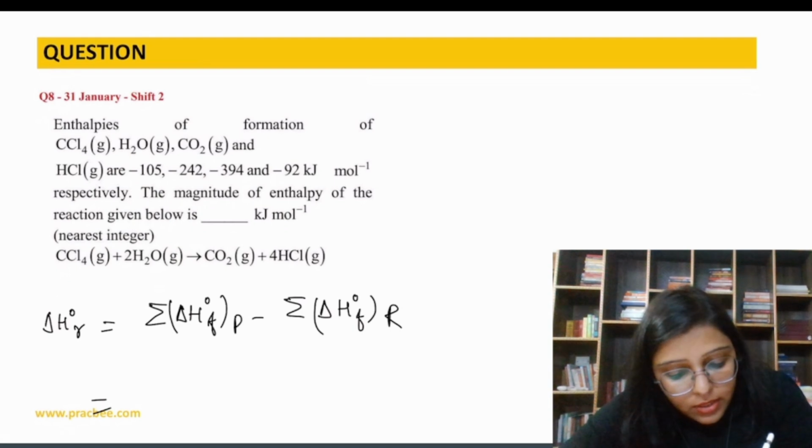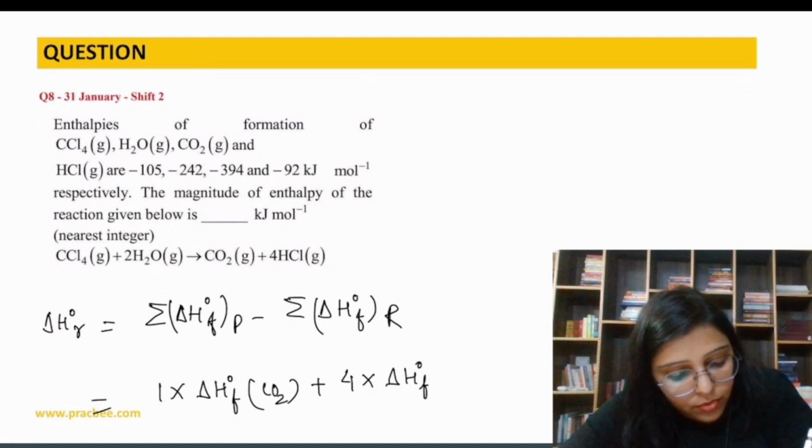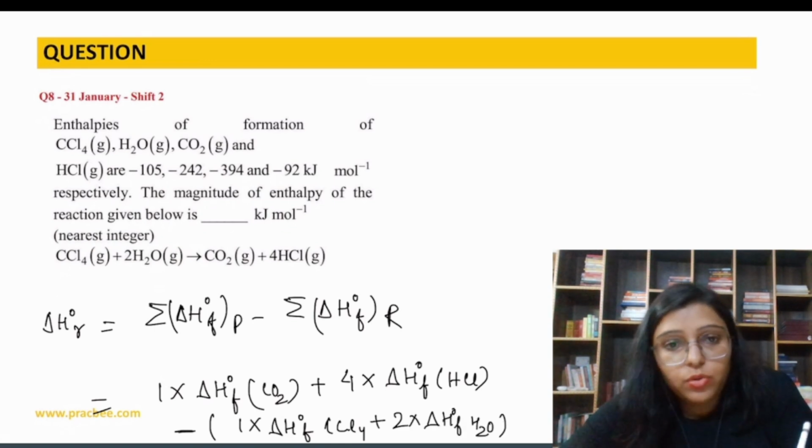So how to solve this? 1 into delta H naught f of CO2 plus 4 into delta H naught f of HCl minus 1 into delta H naught f of CCl4 plus 2 into delta H naught f of H2O.